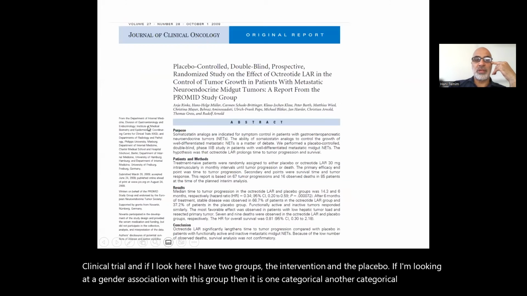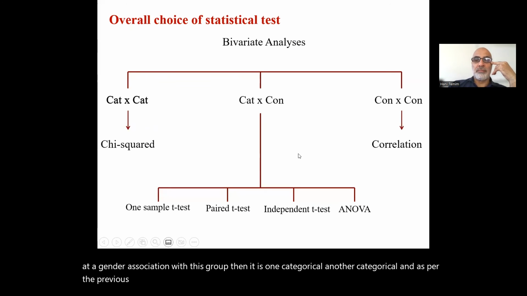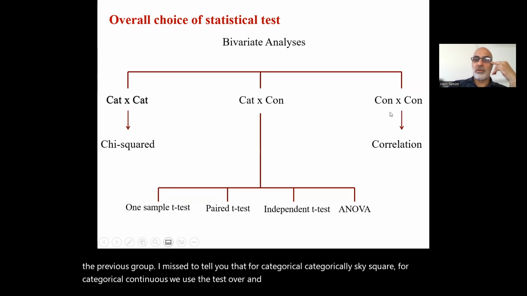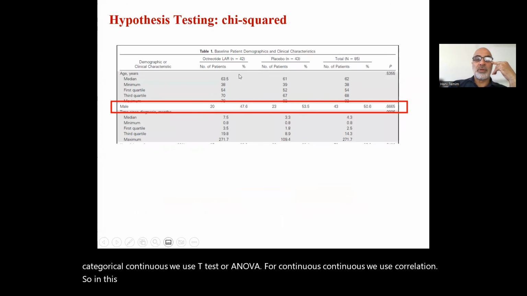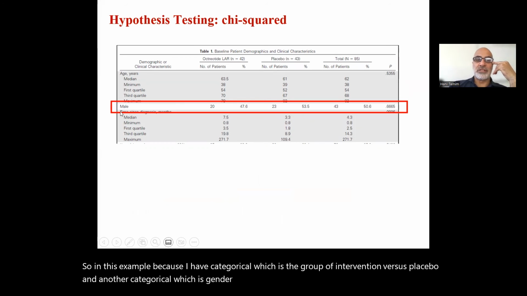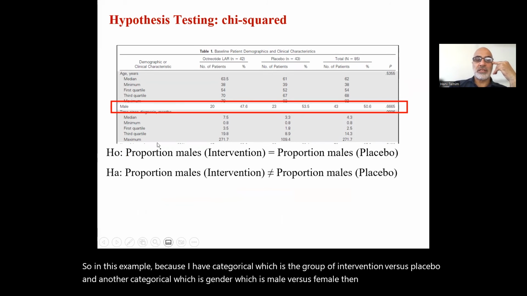I forgot to tell you that for categorical, we use chi-square. For categorical and continuous, we use t-test or ANOVA. For continuous, we use correlation. So in this example, because I have categorical, which is the group of intervention versus placebo, and another categorical, which is gender, male versus female, I use a chi-square.